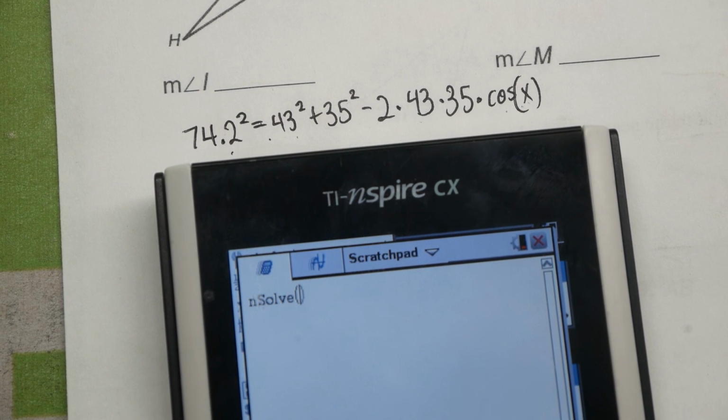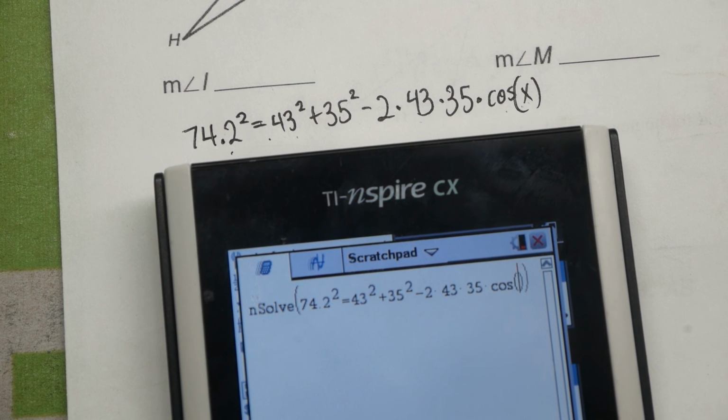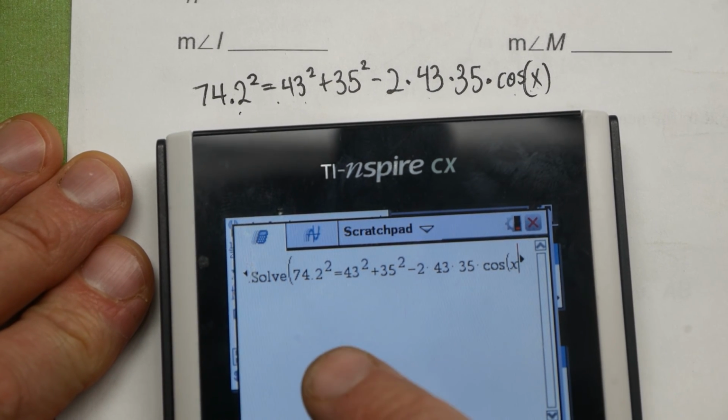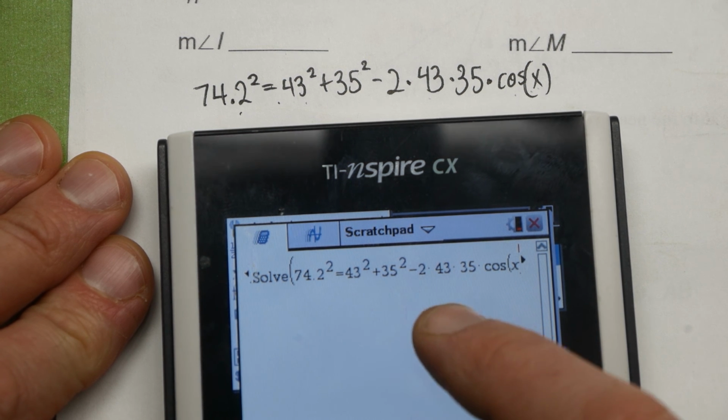All right, and then from here, go menu 3-1. 74.2 squared equals 43 squared plus 35 squared minus 2 times 43 times 35 times the cosine of the angle that I'm looking for. Make sure I got that all typed in correct. Yep.